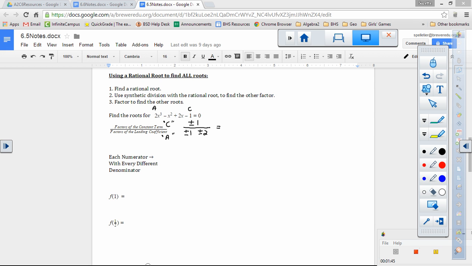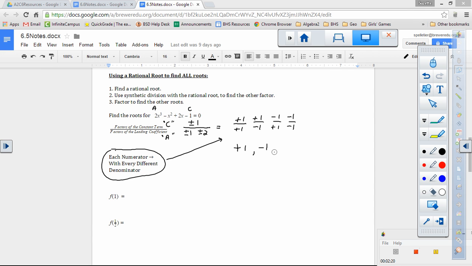So essentially what you need to know is, instead of writing out every single numerator with every single denominator, which we certainly could do, we're going to save ourselves some time by knowing that out of these 4 possibilities, we're just going to end up with 2 results, positive 1 and negative 1, right?